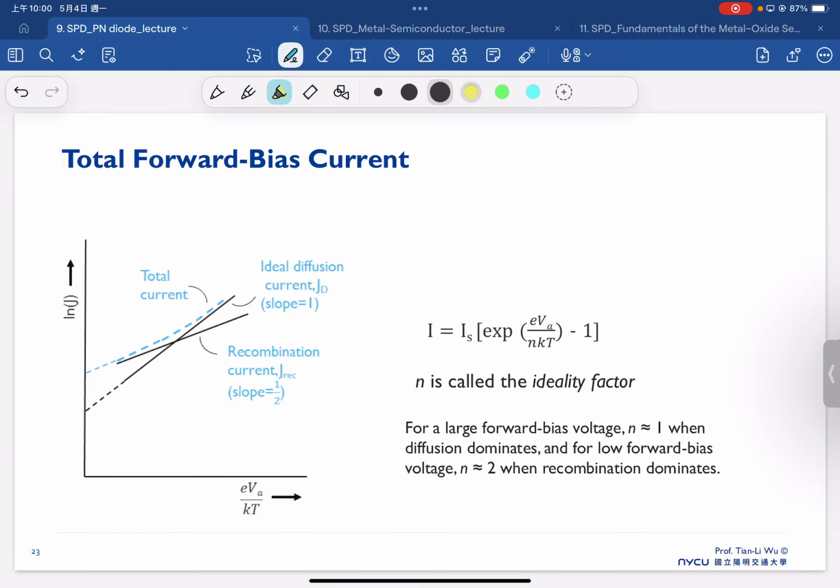So in the end, with all these non-ideal factors taken into account, we have to revise our forward current a little bit. This is the ideal diffusion current, but now we have this recombination current, which is here. And the total current will be the sum of these two, and therefore we will get this curve.